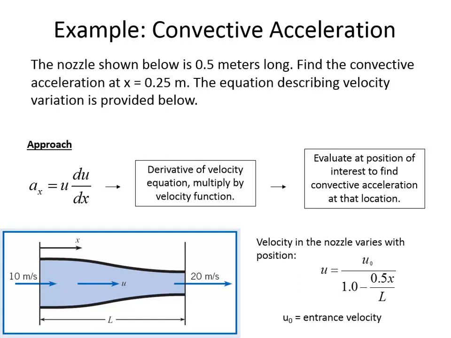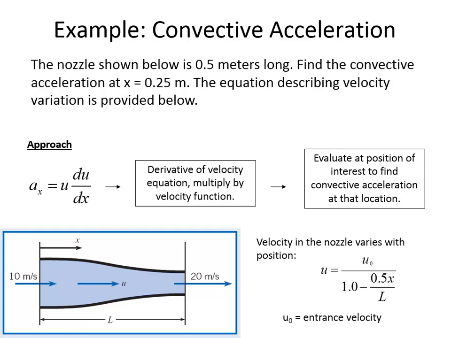Reintroducing what m stands for, m is 1 minus 0.5x divided by L, then du dx is negative 1 times u naught over (1 minus 0.5x divided by L) squared, times 0.5 divided by L. So that is 0.5 u naught divided by L times (1 minus 0.5x divided by L) squared.